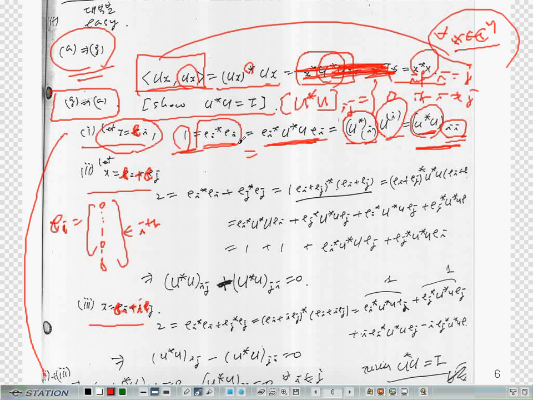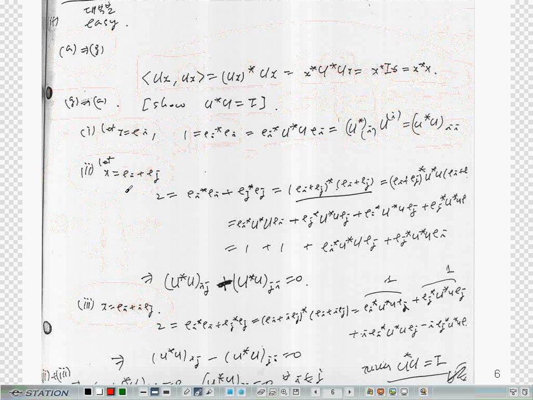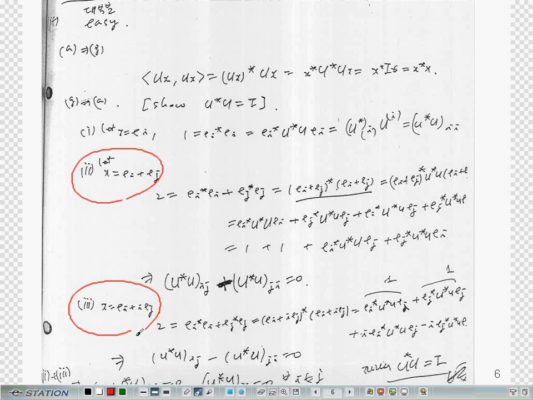So next thing is we have to show this U*U ij components are all zeros, up and down both. So we choose these two arbitrarily chosen vectors. It works for any arbitrarily chosen vector, so we can choose e_i and e_j. Okay.